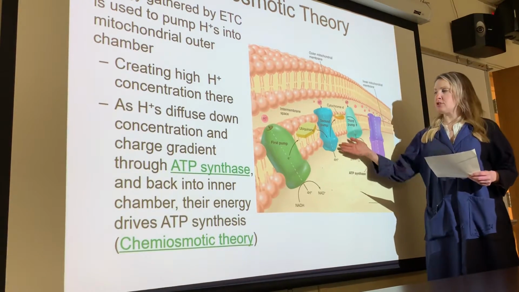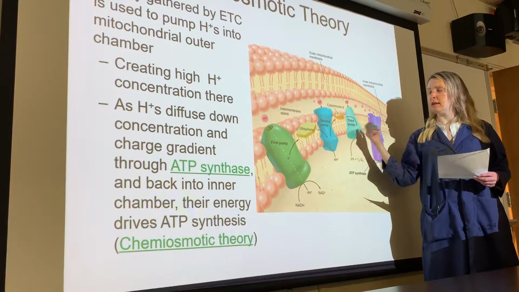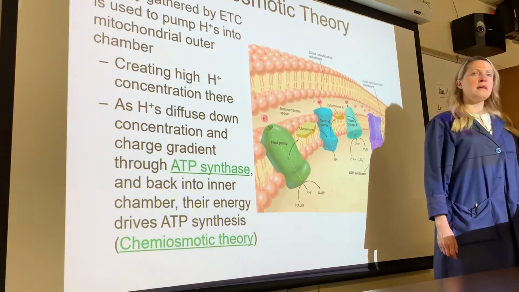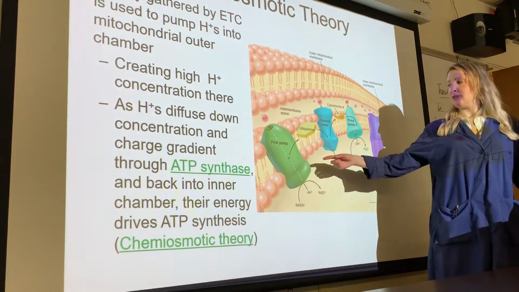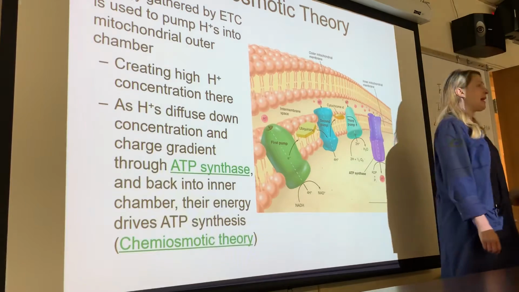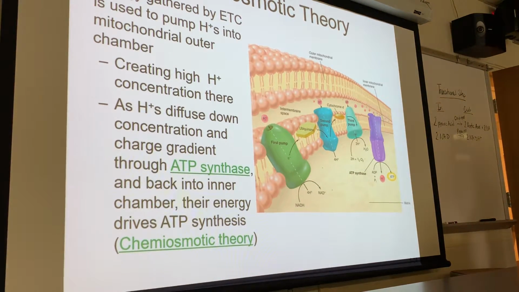The electron transport chain is located where? Either the inner membrane or the cristae, right? Cristae.